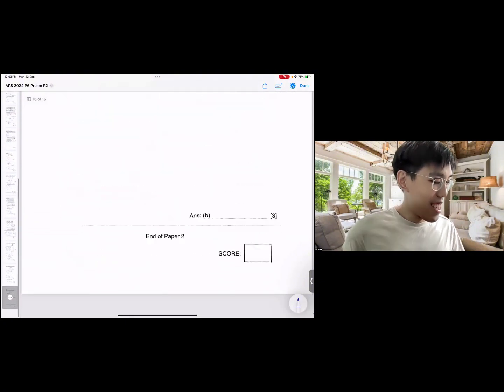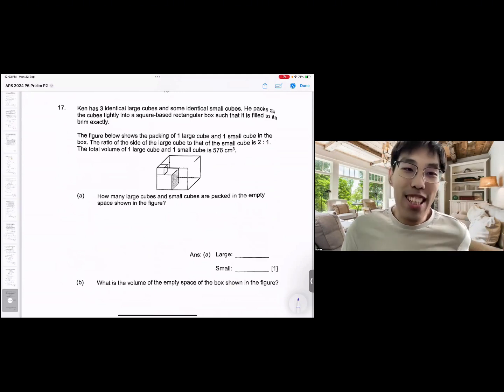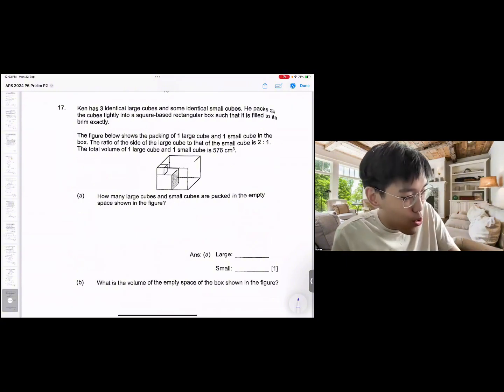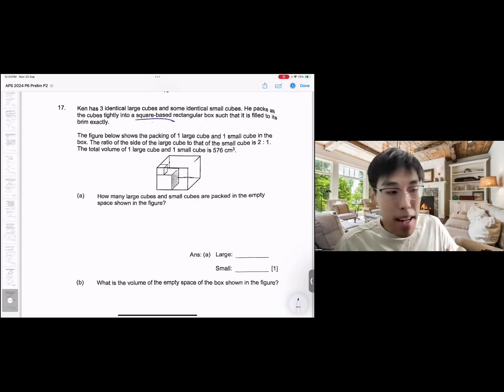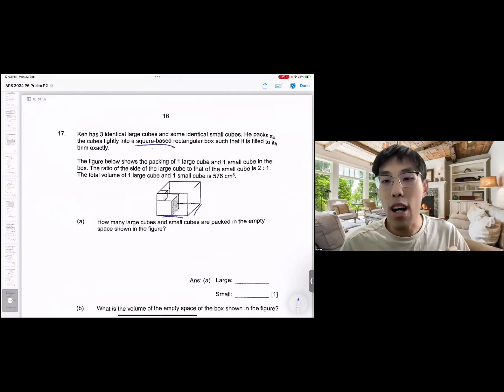Last one. End of paper 2. Ken has 3 identical large cubes and small identical cubes. She packs all the cubes tightly in a square base rectangular box such that it's filled to the brim exactly. First clue, square base. The square base means that the bottom here and here are the same. Take note for now.